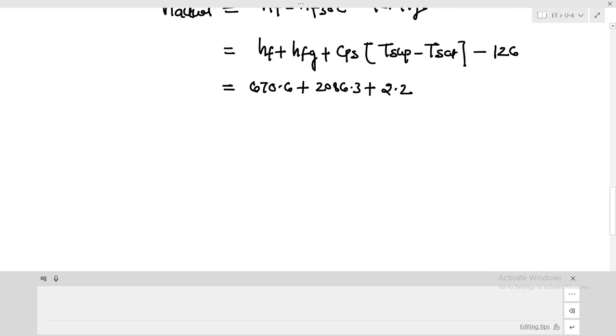If it is not given, you can consider this value as 2.1 or 2.2. T superheated is 250 minus the saturation temperature of 158.9.